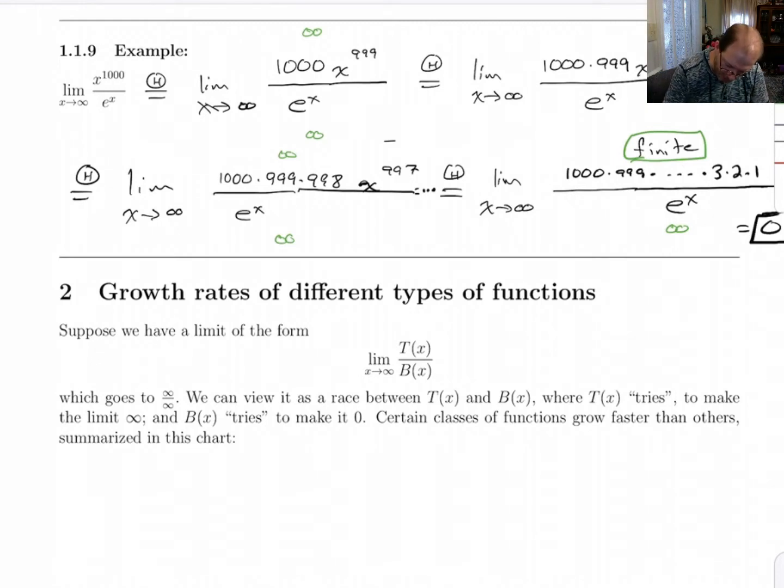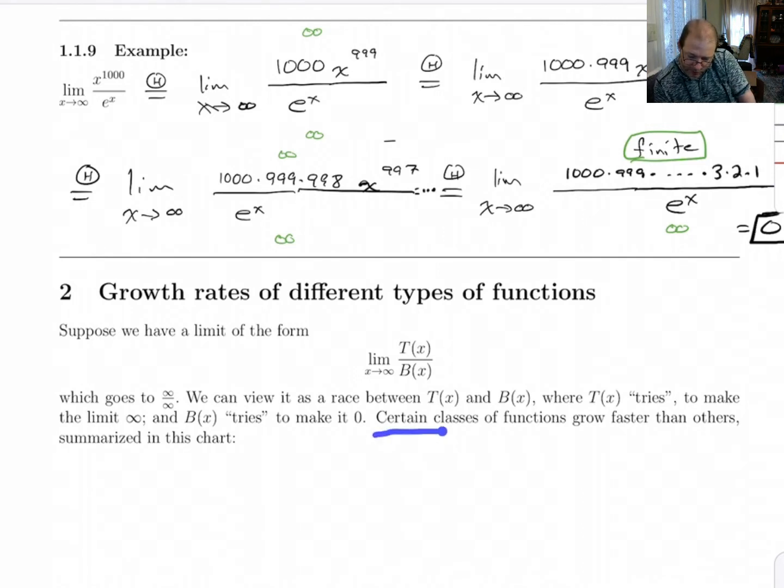When the top goes to infinity, it's trying to make the number itself go to infinity. If the bottom goes to infinity, it's trying to make the quotient go to 0. So you can think of this as being like a fight or a race between those two functions, and the faster function will be the one that gets its way.